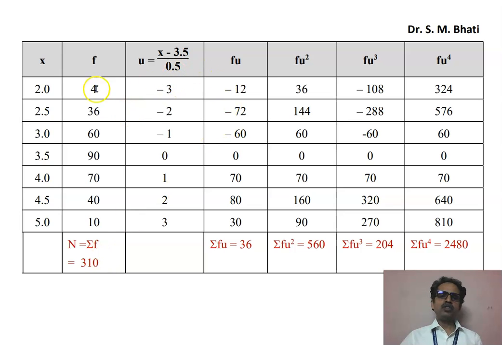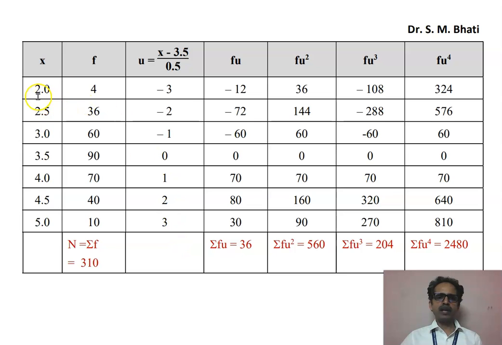Then for each x we have to calculate u, and we have the formula for u. As we have seen just now, for this particular example, u equals x minus A upon h. A is 3.5 and h, the spacing of the x values, is 0.5. So using this formula, we modify x to u.